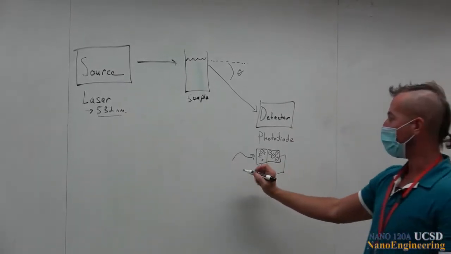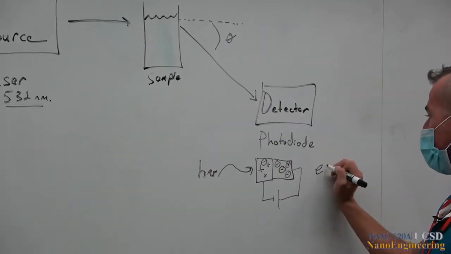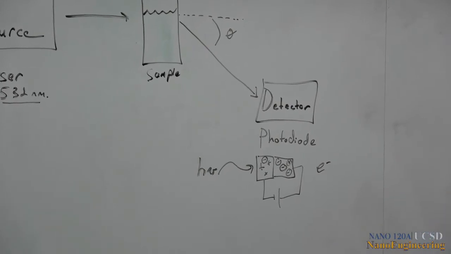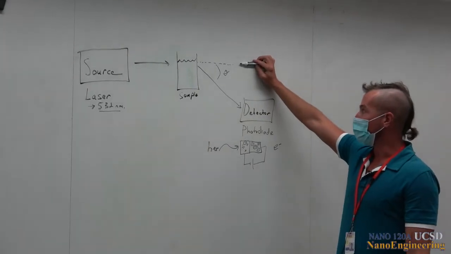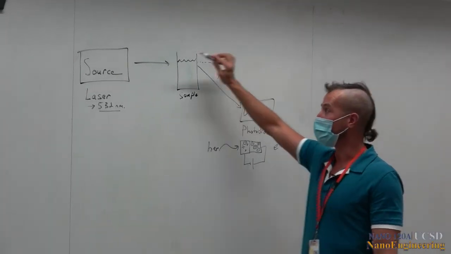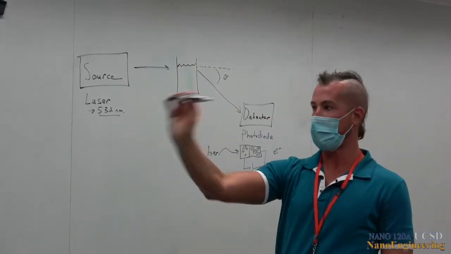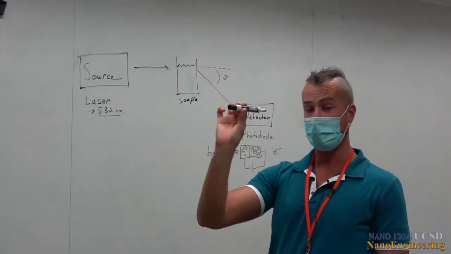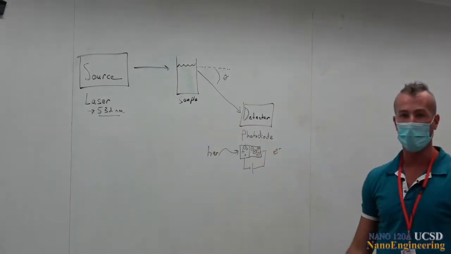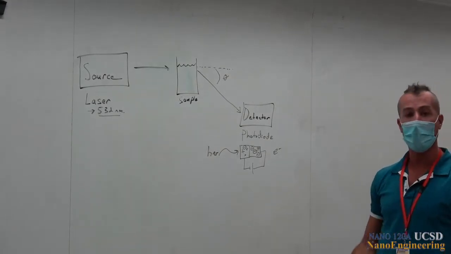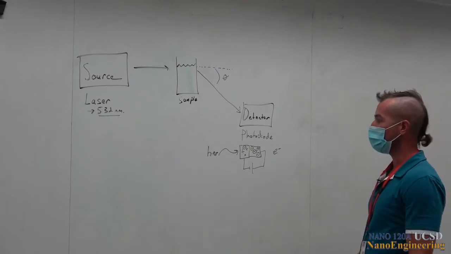Okay? So that's how light in equals electricity out. That's how our detector works. The reason we don't want this at 180 degrees is because we don't want all of this other incident light shining right at our detector, right? Because that light from the laser is going to swamp out all of the other scattered light, which we're actually interested in, and that has the information that we're interested in.